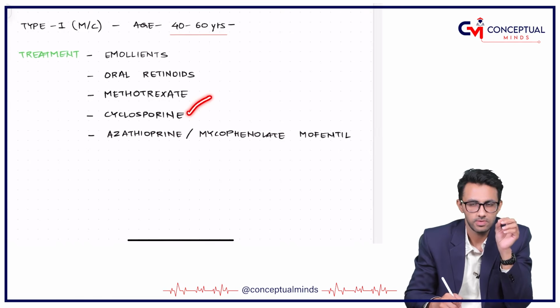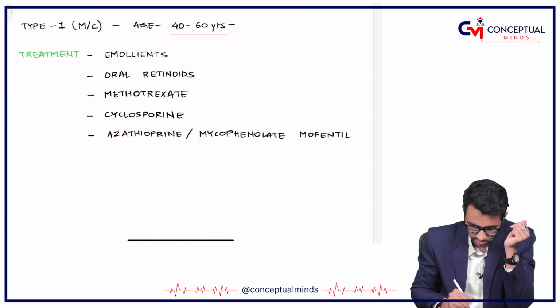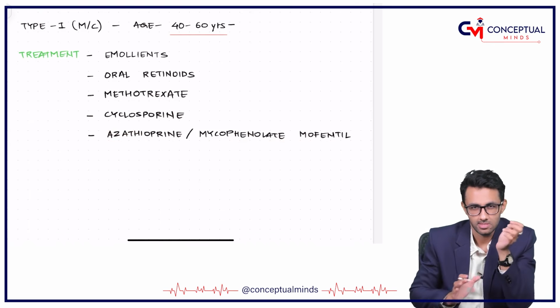Where was it? We were using it in HHH if steroids were contraindicated. And the second was in flare-up reactions, where we were using cyclosporin. And we also use azathioprine and mycophenolate mofetil. As long as the name sounds familiar, it is important.